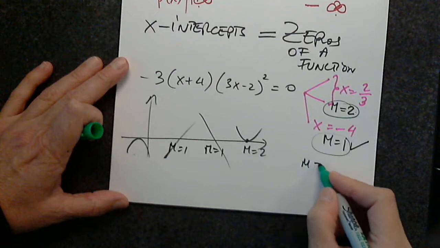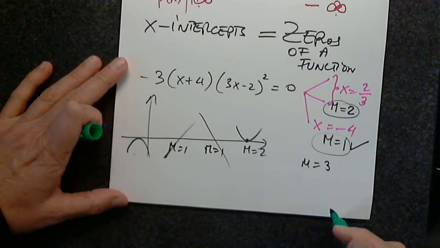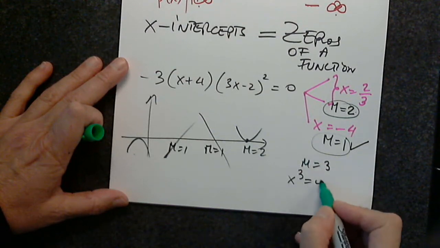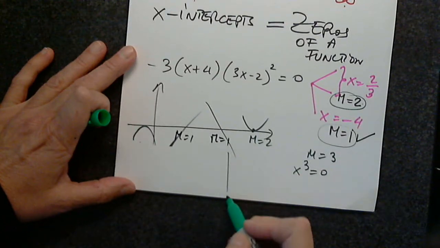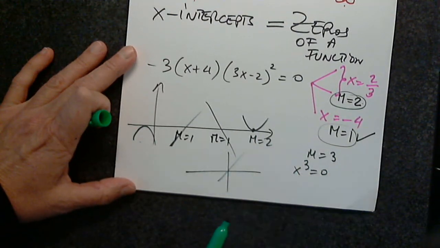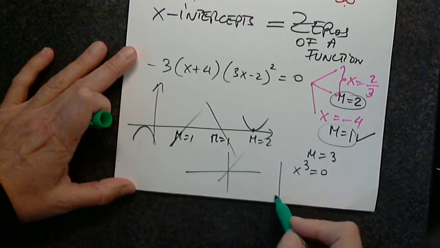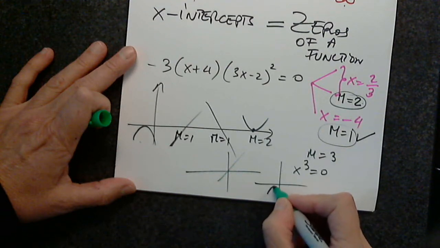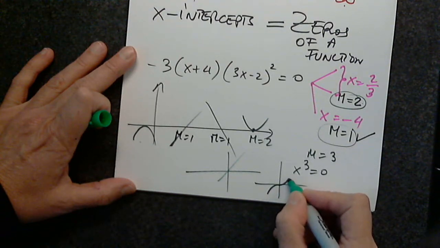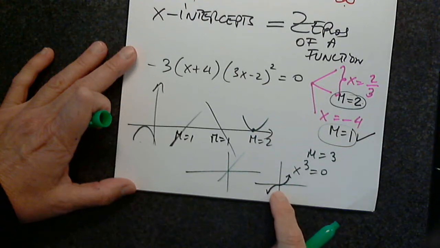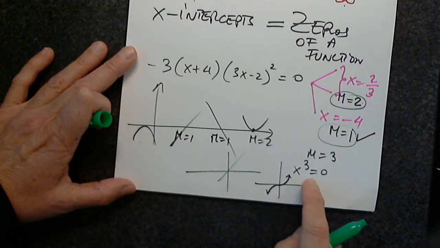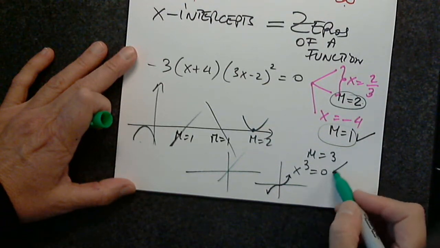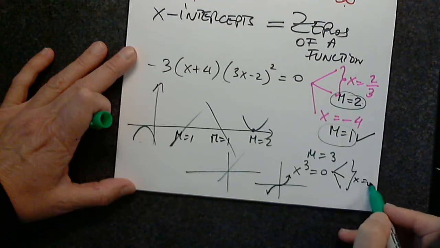What about m equals 3? Do we have a function like that? Sure, we do. X cubed equals 0. That's why the graph of x cubed is not this. The graph of x cubed is this. It's a turn, but a very slow turn, because the multiplicity of x equals 0 is 3.